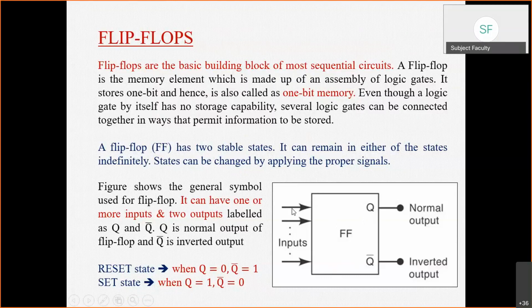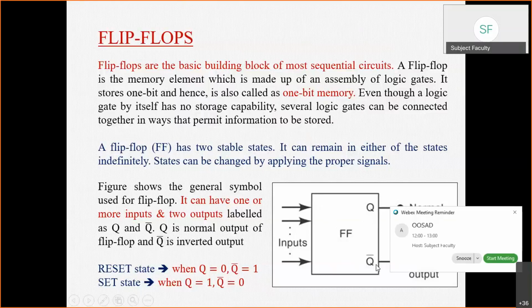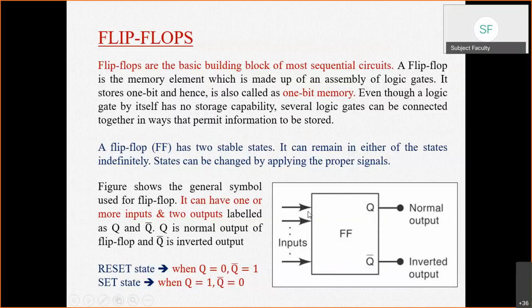It will have either one input or more inputs. Depending on the different types of flip-flop, different flip-flops will have either one or many inputs, but the output will be always two.